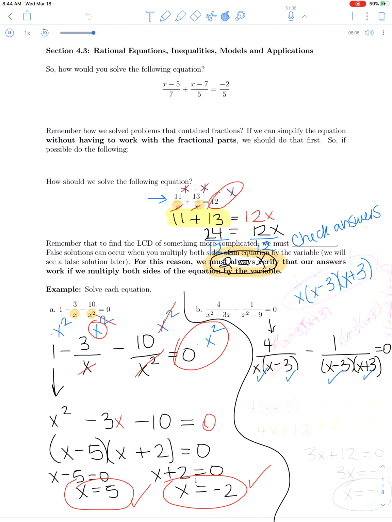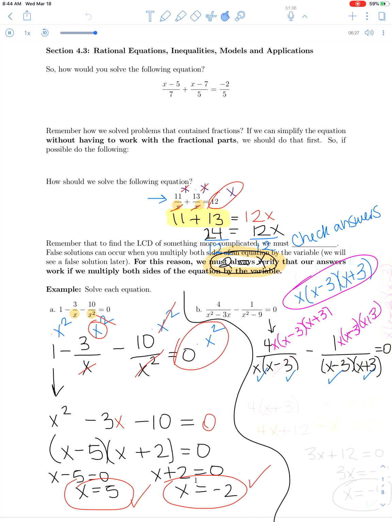So I'm going to multiply each and every piece here by an x, an x minus 3, and an x plus 3.